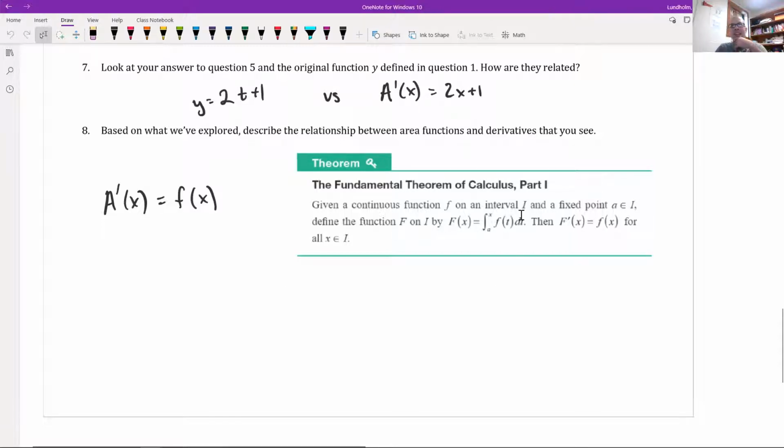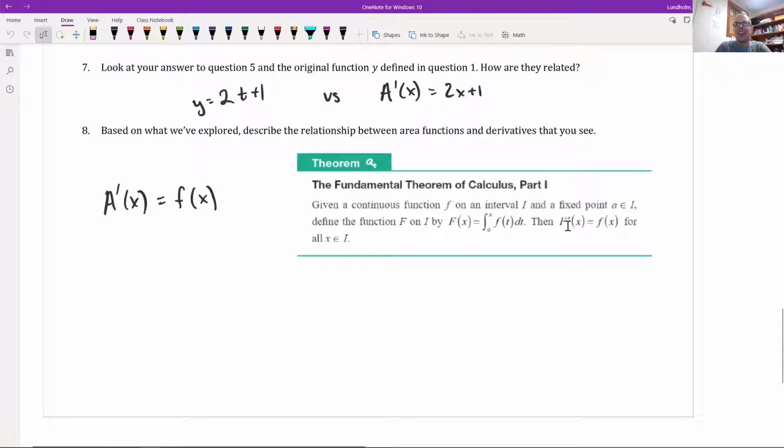And that leads us to the fundamental theorem of calculus, part 1. Notice that we have big F prime of x is equal to f of x. F prime of x is an area function. And when we write the big F of x, that's an antiderivative.